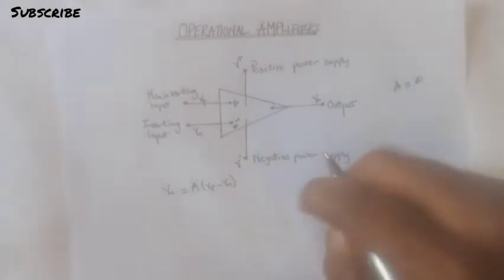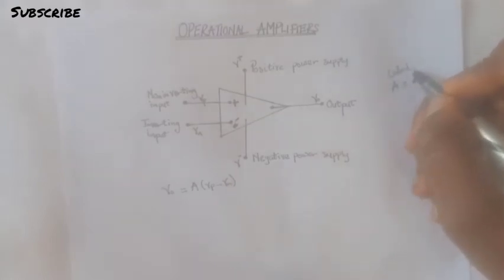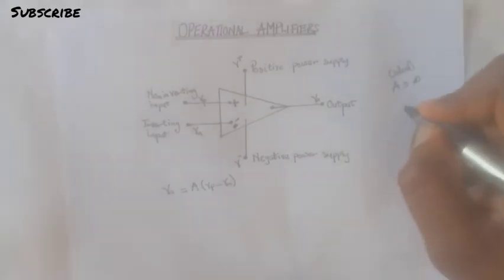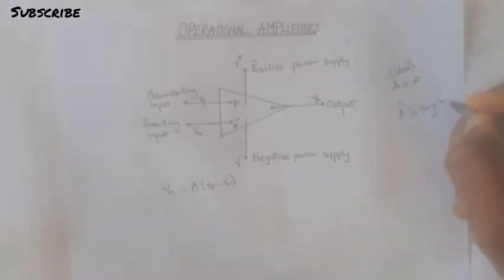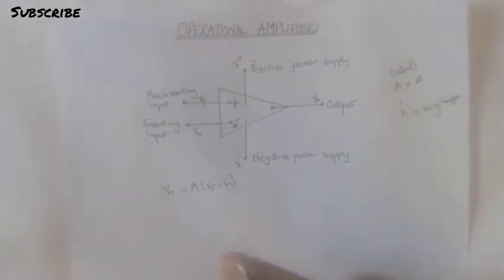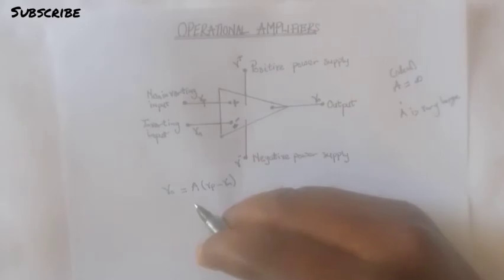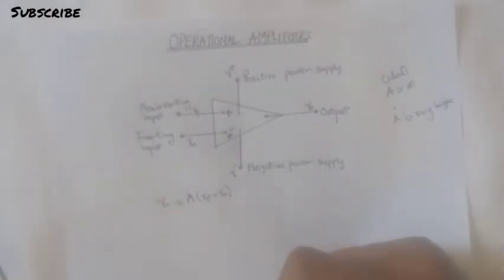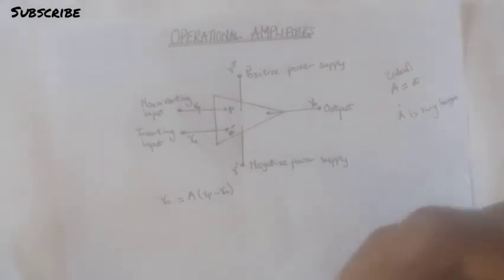Although in practical amplifiers, A is just very large. But in an ideal amplifier, A is infinite. For this reason, V0 tends to go to infinity.